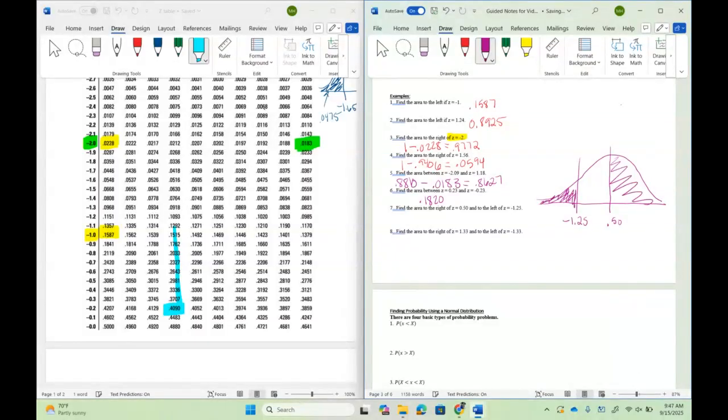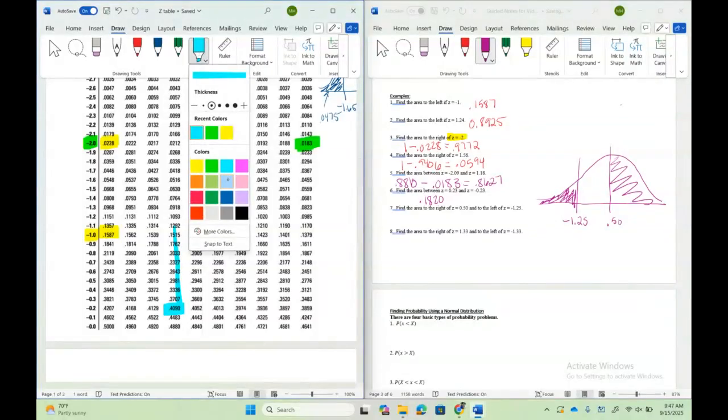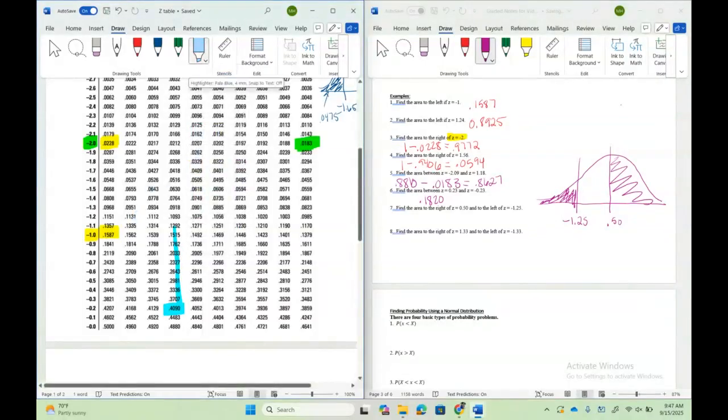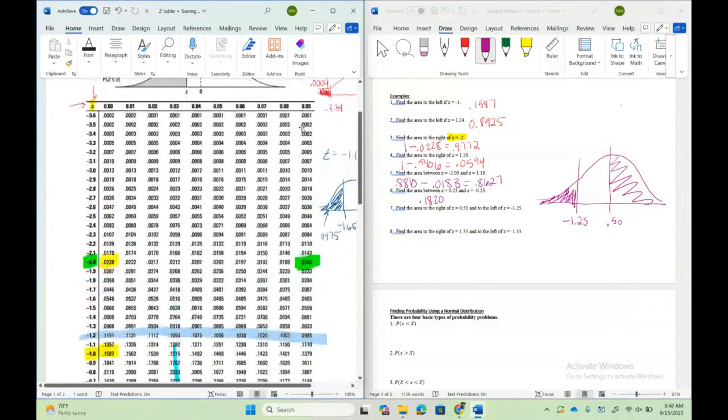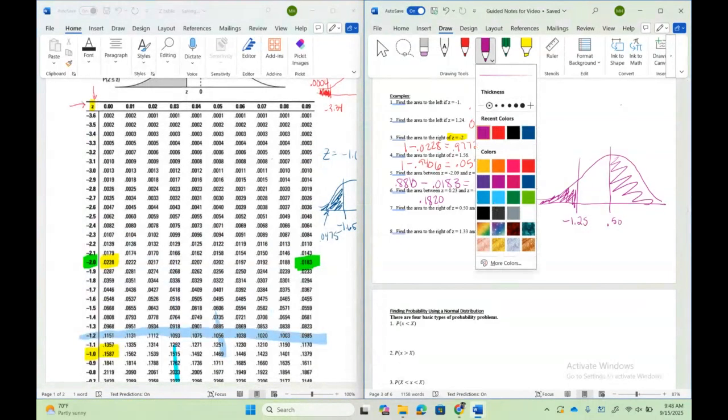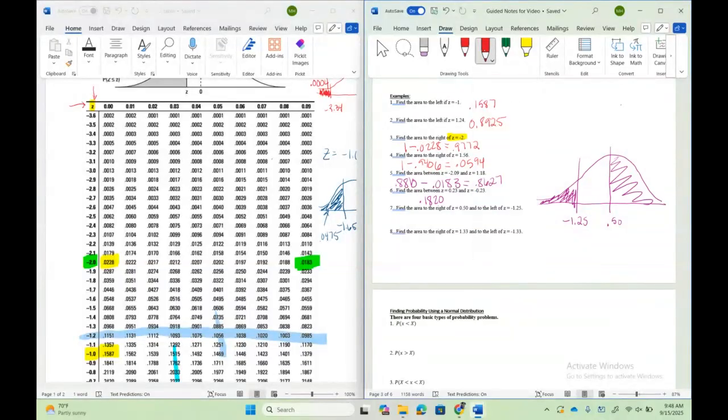First I'm going to find the area to the left of negative 1.25. So here's negative 1.2. Let's find the 5 right here. All right, so this area is 0.1056.